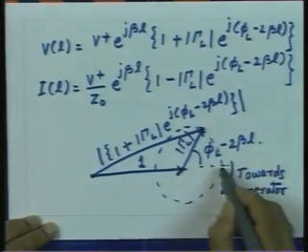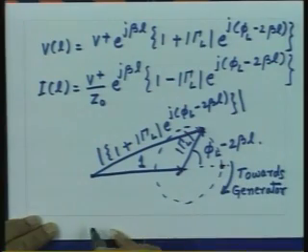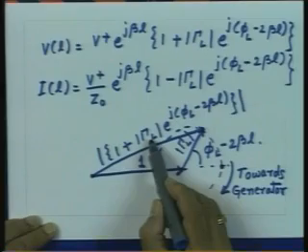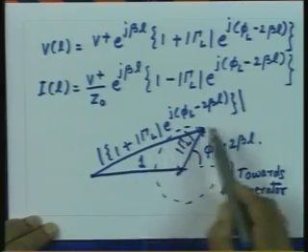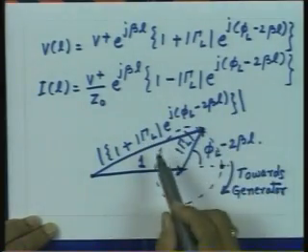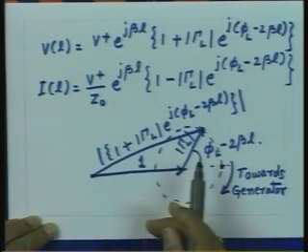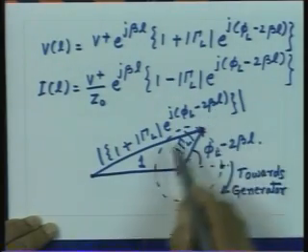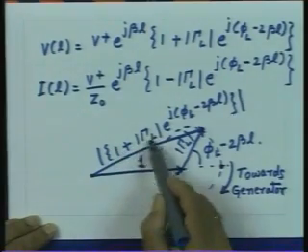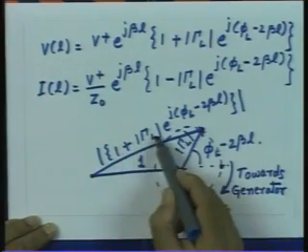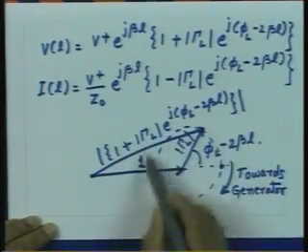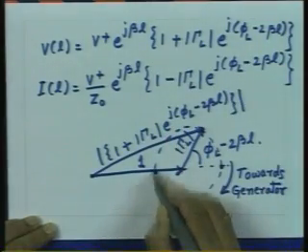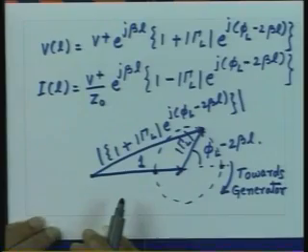So, I get a magnitude which is maximum, which is represented by this point, that is nothing but 1 plus mod gamma L. Similarly, if this quantity phi L minus 2 beta L is odd multiples of pi, e to the power j odd multiples of pi will be equal to minus 1. So, I will get 1 minus mod gamma L, that will be the minimum value which I will see for this term here, which is represented by this point where the 2 terms cancel each other.